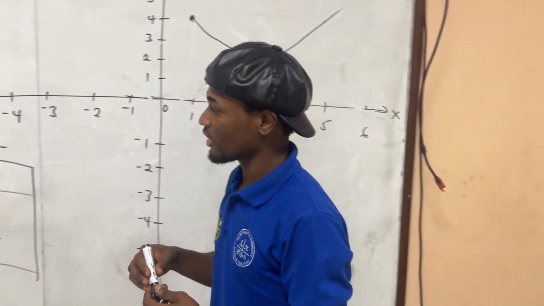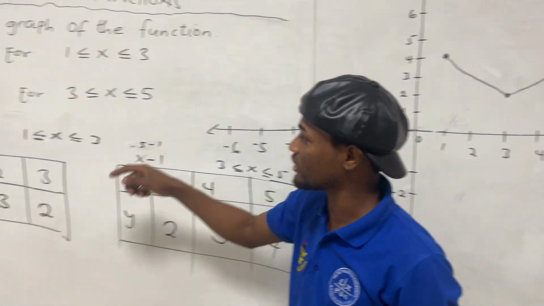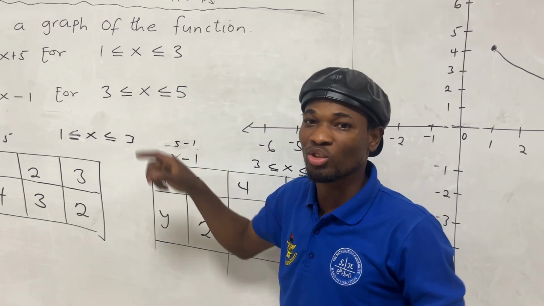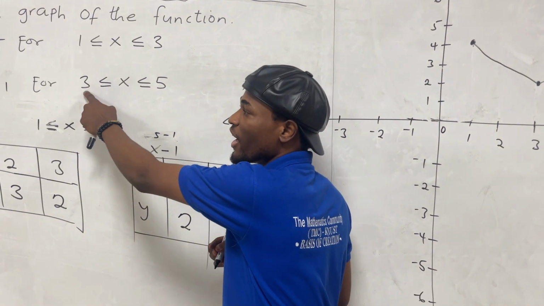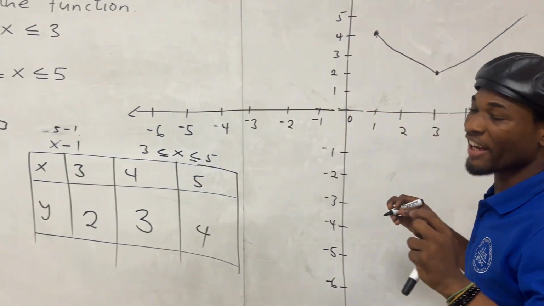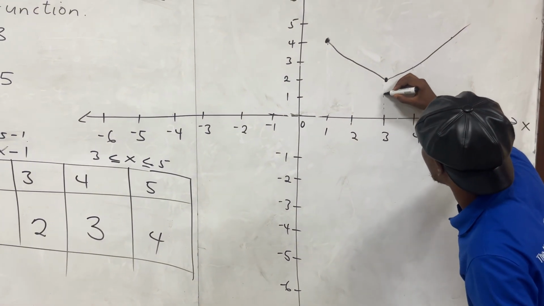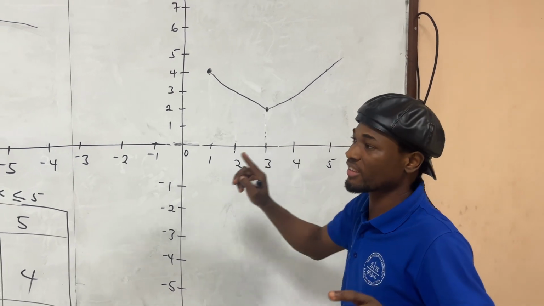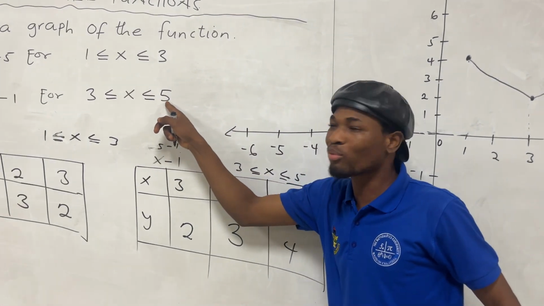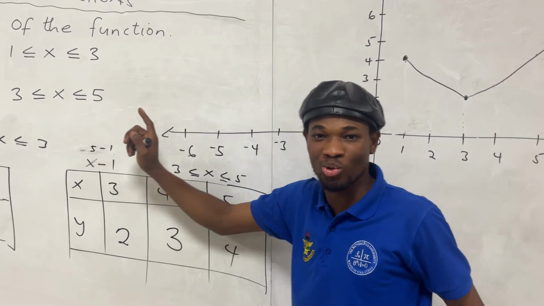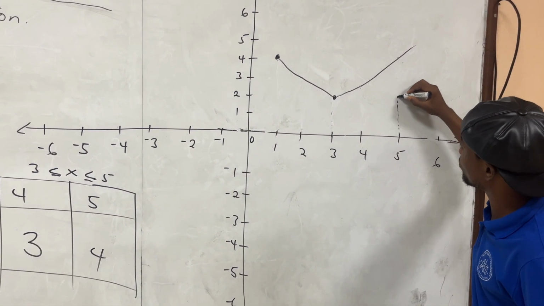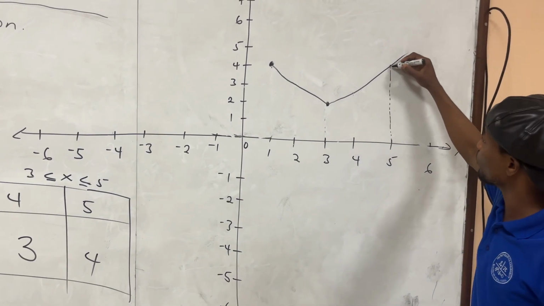Now, viewers, let's account for the inequality. We have 3 less than or equal to x. You know what to do, right? So I'll shade that endpoint. This is my 3 up to here, right? It's already shaded. So let me consider the other end, up to 5. So this is my 5, right? Good.